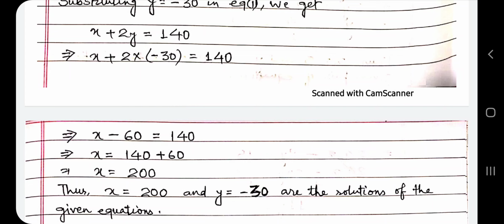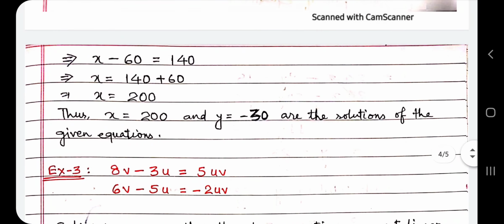So 140 + 60 is equal to 200. In this way we got the value of x as x = 200. So the values of the variables, x = 200 and y = -30, are the solution of the given equations.